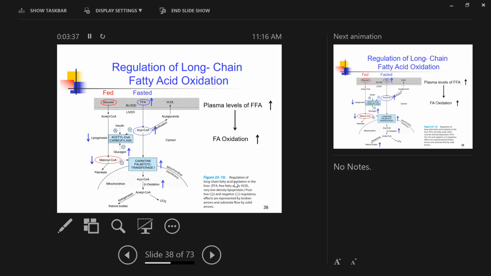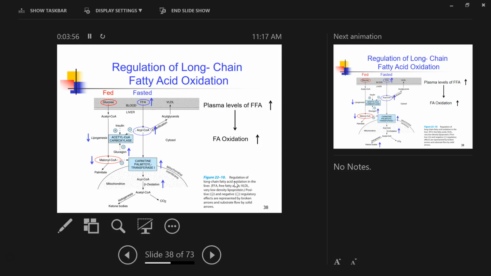Yes, because remember that fatty acid oxidation usually breaks down only 2 carbon units at a time. We do cycles of beta oxidation, and each time you generate acetyl-CoA.